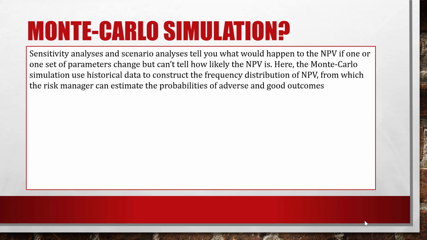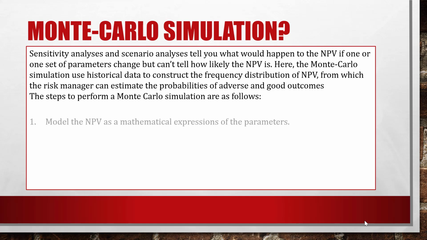From there, we can estimate the probability of adverse and good outcomes. So the Monte Carlo simulation will give you the frequency probability distribution of the NPV, and we can see how likely the NPV is.